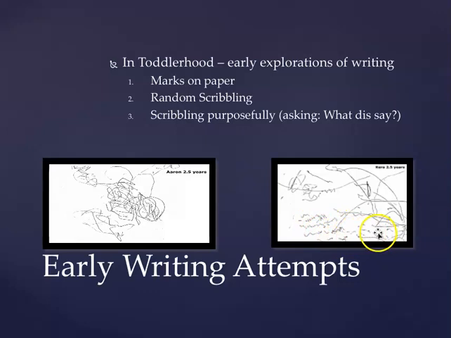And the funny thing is that they might produce something like this and then look at the adult and ask, what does it say? What is this? And of course the adult doesn't know because they were not the ones who wrote it, or who scribbled it. But the child doesn't know either.